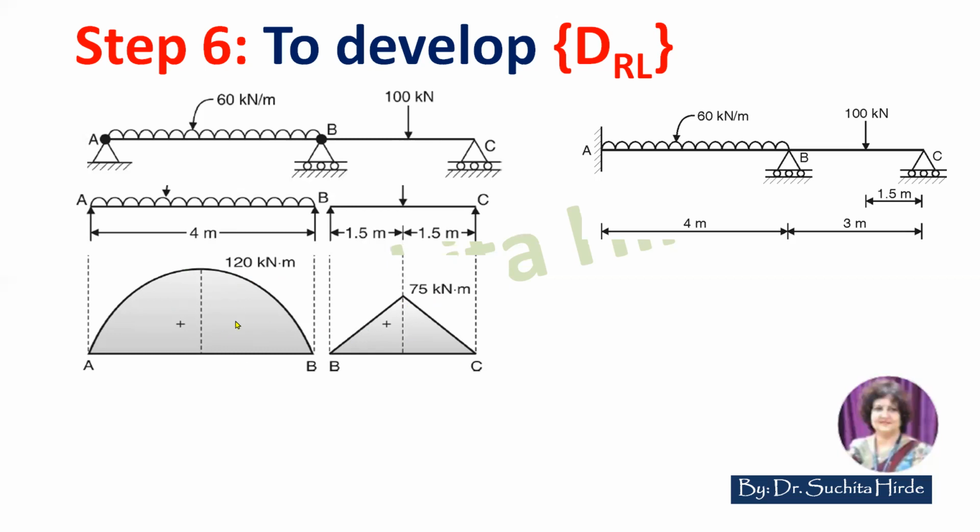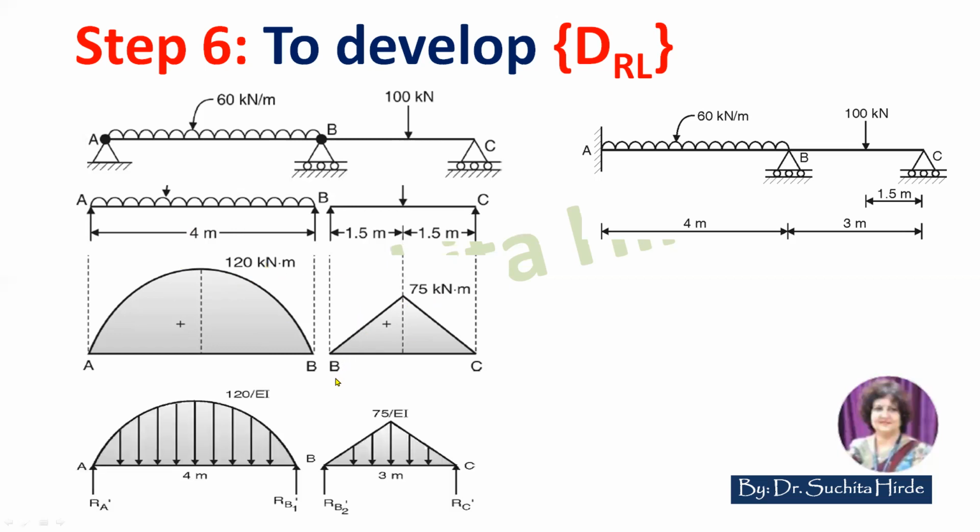These are the bending moment diagrams for portions AB and BC. Now we consider this as load on the beam. Since these are simple supports, the supports remain simple in the conjugate beam also. So this beam is now converted to the conjugate beam.